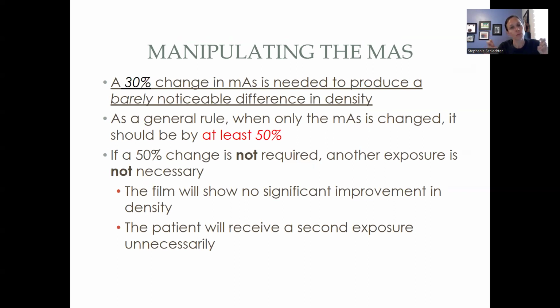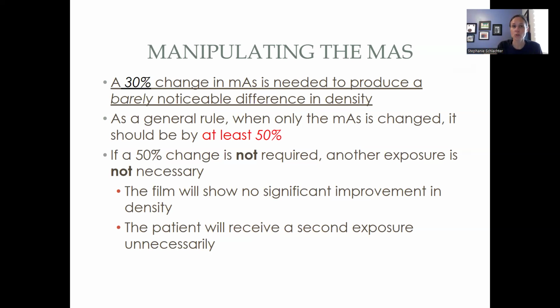I don't want to say it's a rule, because the next part is actually the rule that we use, but the consensus is that we have to change our setting by at least 30%, either up or down, to barely see a difference with the density of our image. So we don't want to change it where it's just barely, right? If it's close enough to just barely change it, then it's not worth taking our time and the radiation exposure and all of that to change it.